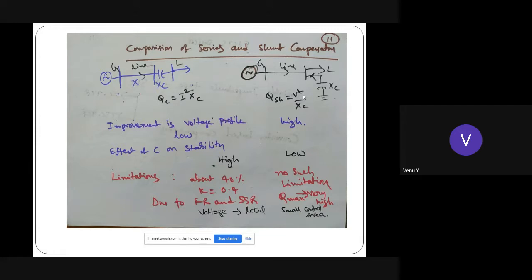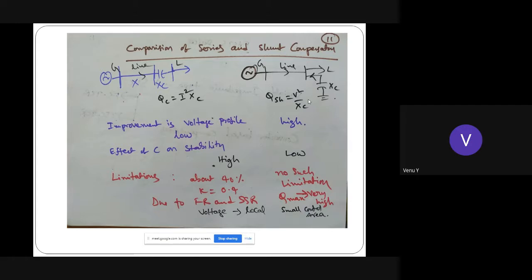Therefore, the reactive power supplied by the series capacitor is self-regulatory as well as much more affected by the load current. Whereas for the shunt capacitor, V is the terminal voltage, and its variation is very low, so the effect of the load is very low compared to the series compensator, and hence the shunt compensator is much more effective for load variation.